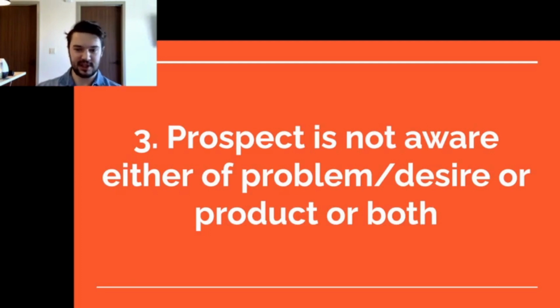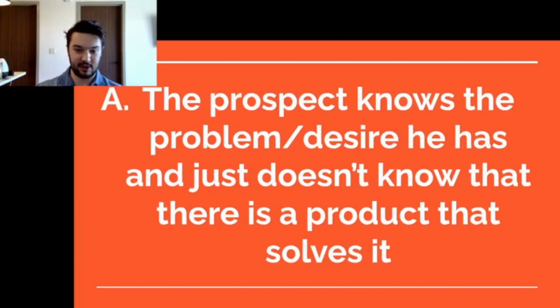And for the third stage of customer awareness, this is going to be that they are not aware at all of either the product, or they're not even aware that they have the problem that the product promises to solve, right? So we're going to look at 2 different ways to go about solving this. So A, the prospect knows the problem or desire that he has and just doesn't know that there is a product that solves it yet. So he is aware, the problem is at the forefront of his mind.